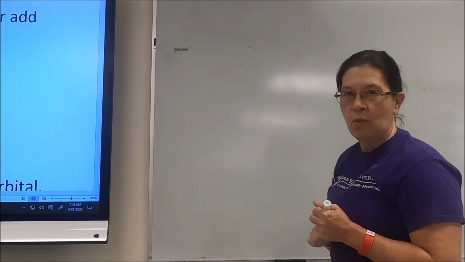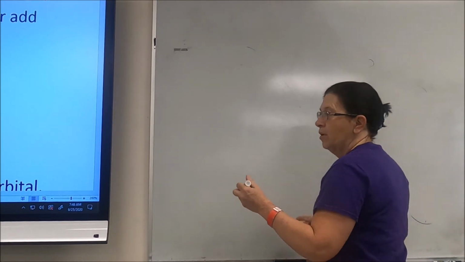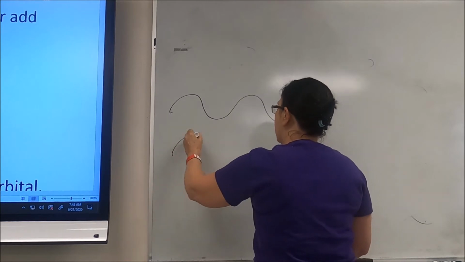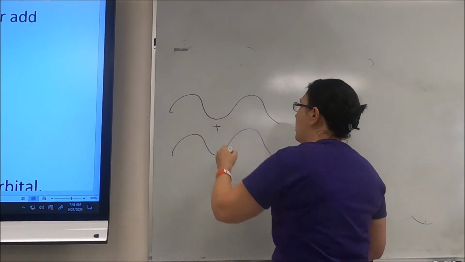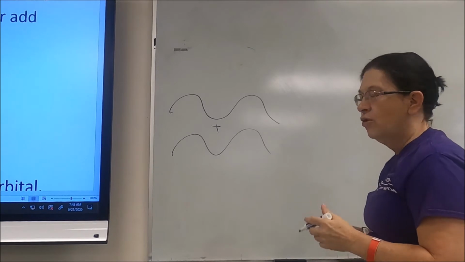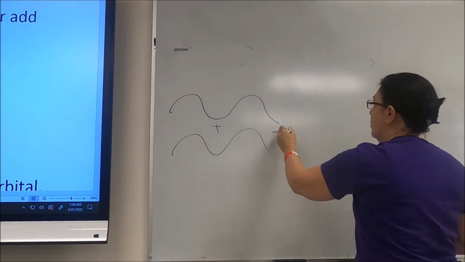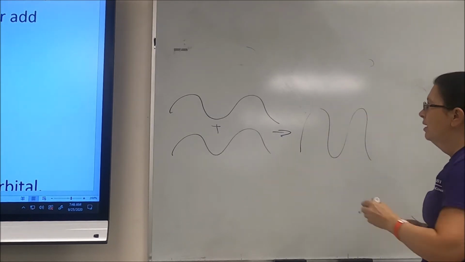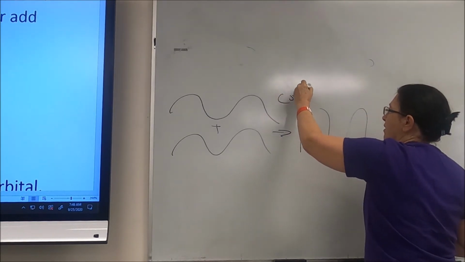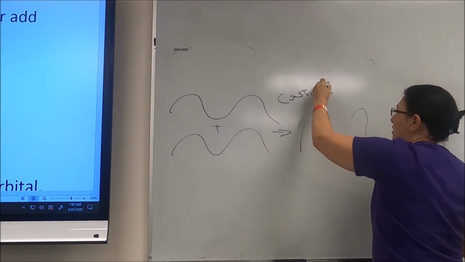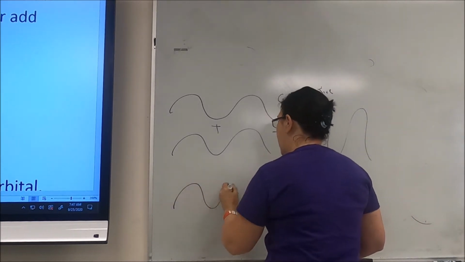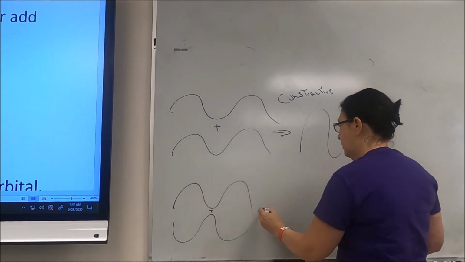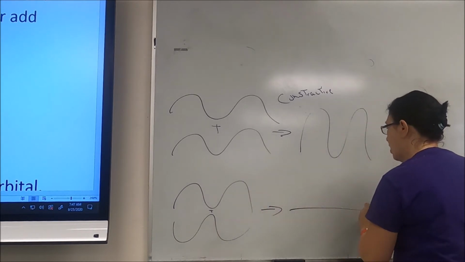If I have this wave and this wave, they're in sync with each other, doing the same thing at the same time. When they add together, I get a wave that's much bigger. This is constructive. If they're doing the opposites, this is destructive and they cancel out.